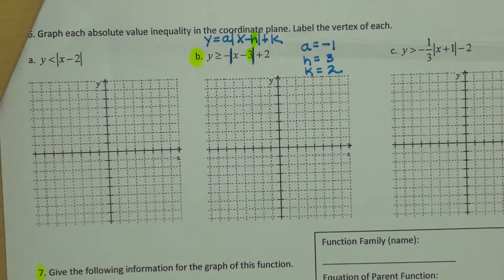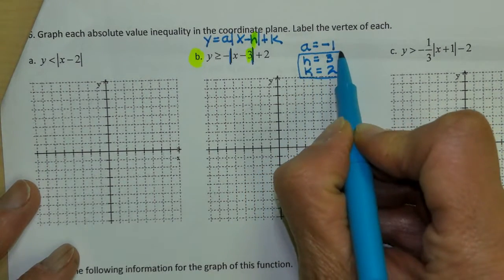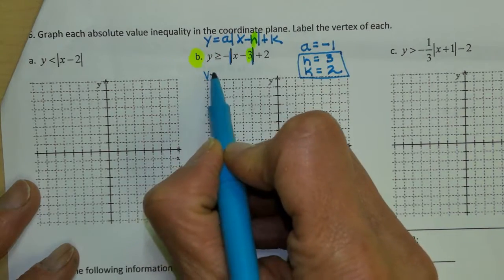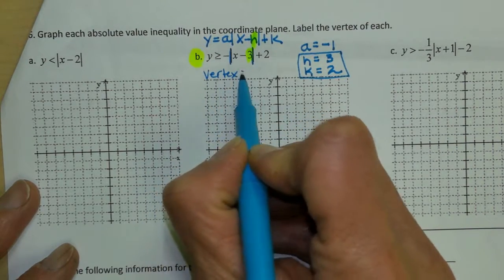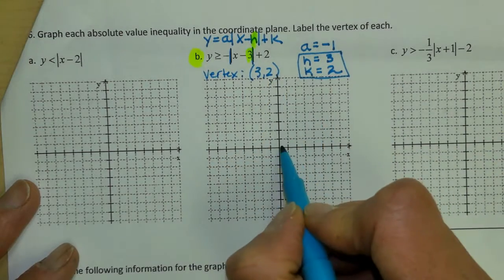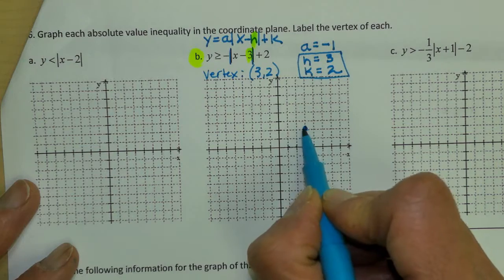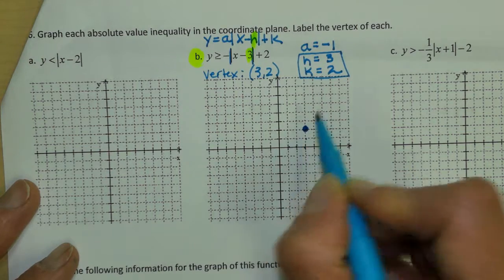They're in the same position. So this gives me my vertex. So my vertex is at 3, 2. So I'm going to go to 3, 1, 2, 3, up 2, 1, 2. So that's my vertex right there.